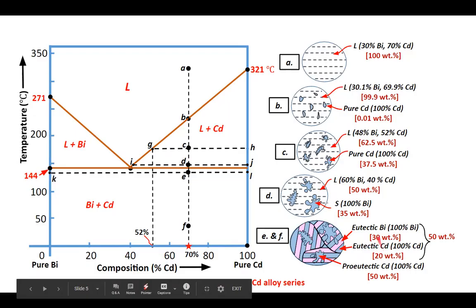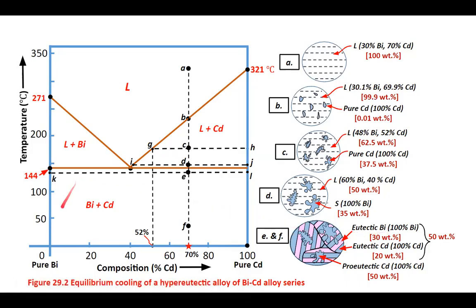On the contrary, the only source of bismuth is the eutectic reaction. So this entire bismuth that has got formed in the system is just because of the eutectic reaction which occurred at 144.